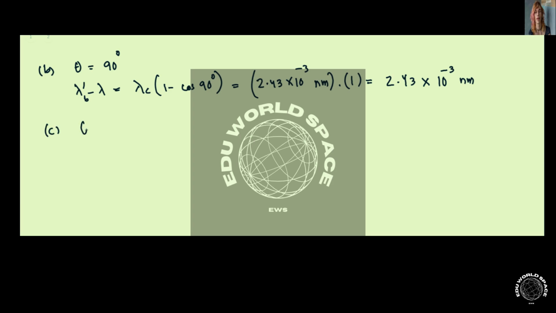Now for part C, theta is equal to 180 degree. So the Compton wavelength shift for part C will be lambda c times 1 minus cosine of 180 degree.